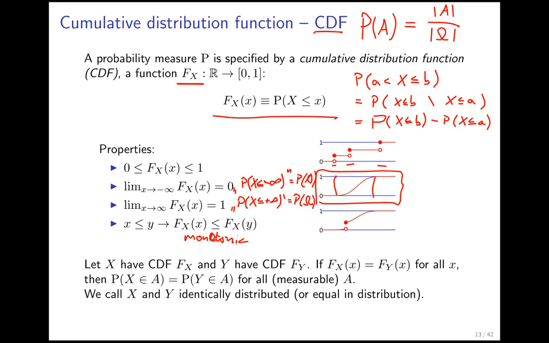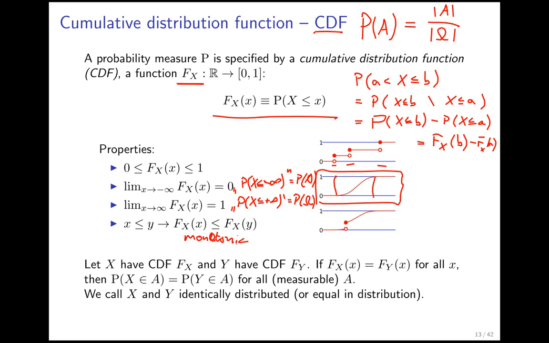And now we're in the setting that we just defined. That's namely just F_X(b) minus F_X(a). And this way you can calculate probabilities pretty easily.